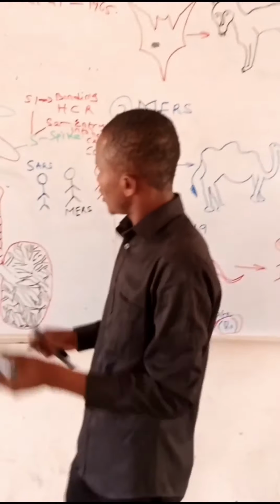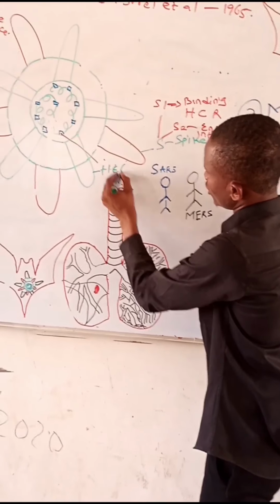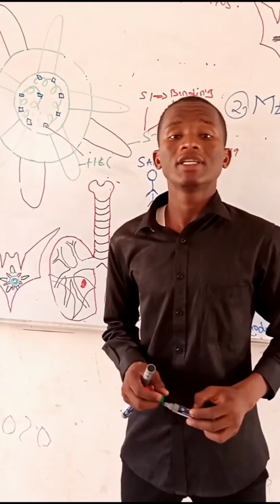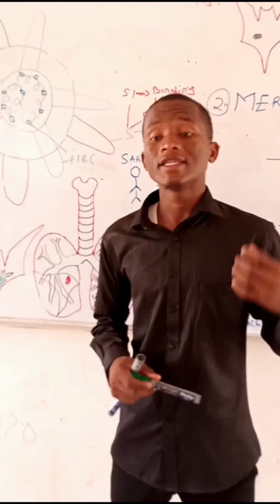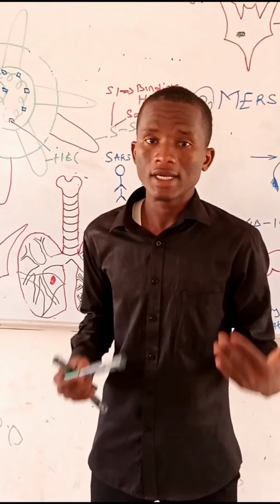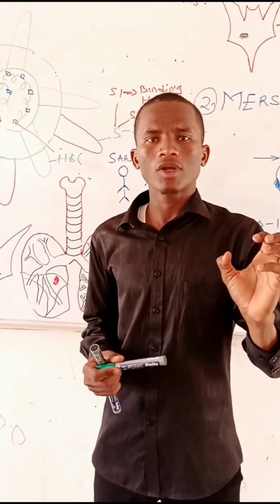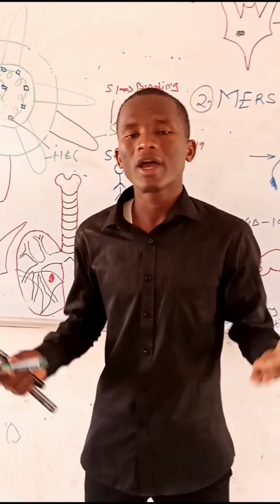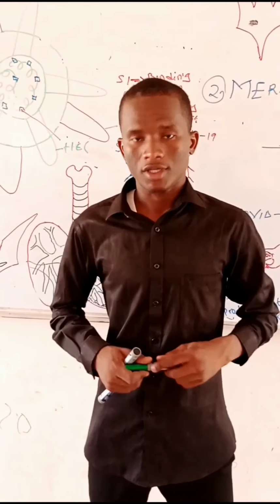The second protein is the HE protein, which stands for hemagglutinin esterase glycoprotein. The function of this protein is that it removes sialic acid that might be found on the surface of the host cell receptor. When they remove sialic acid, this helps in proper binding of the S-spike protein to the receptor.